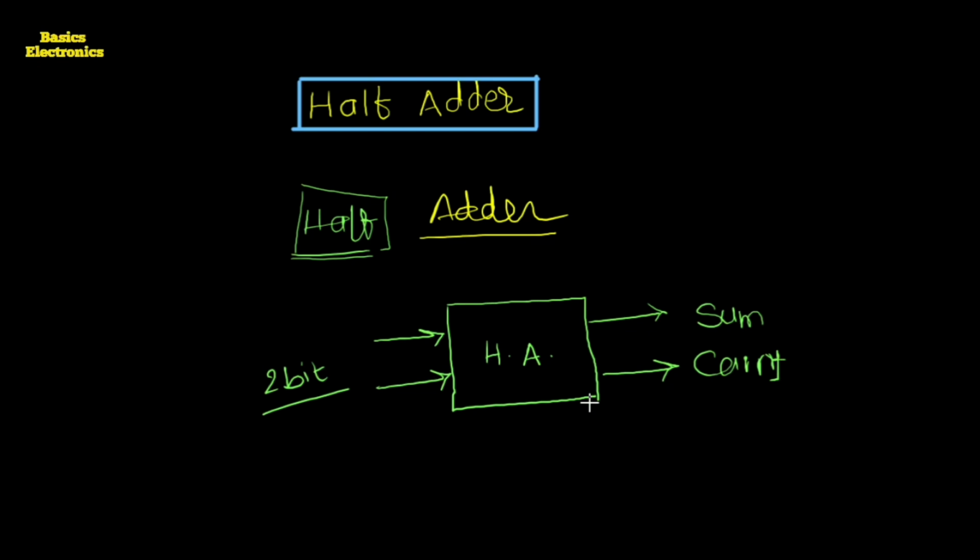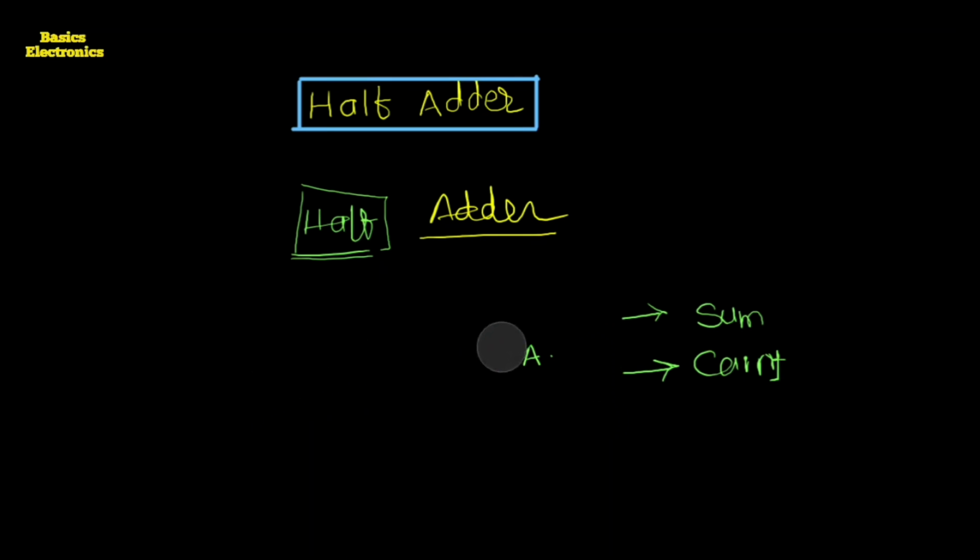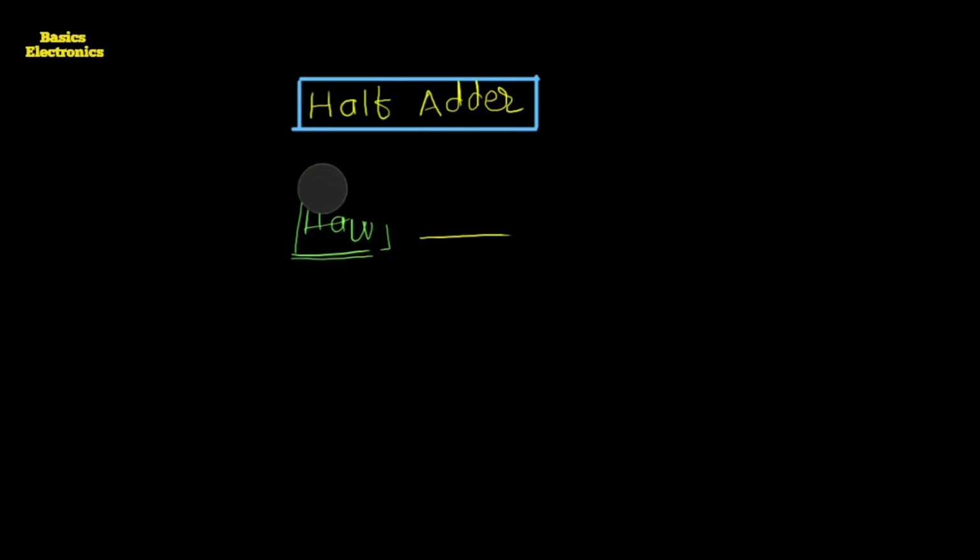So this is the symbol we can use for the half adder. But here, instead of the symbol, we are interested in the logical diagram: how we can construct the logical diagram of this half adder, how it produces the output, and what the outputs of the half adder are.